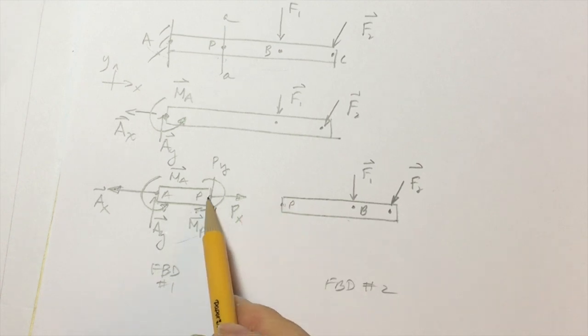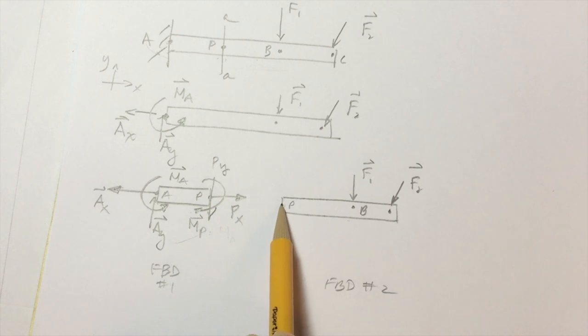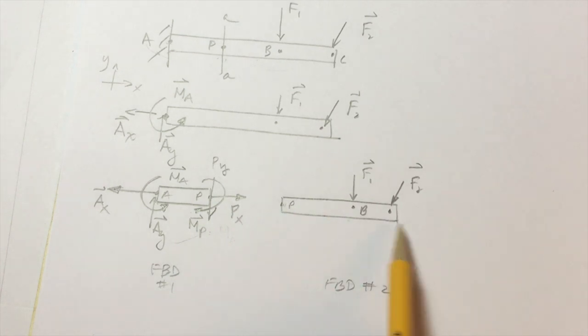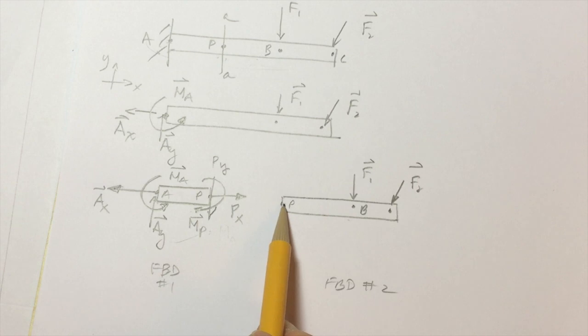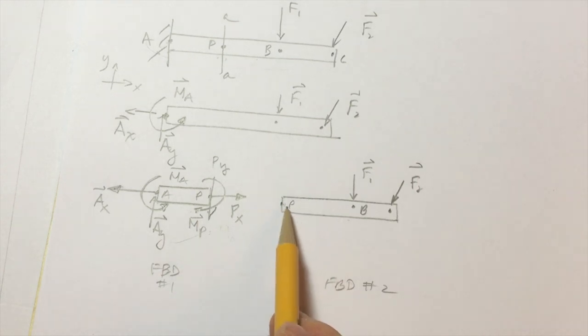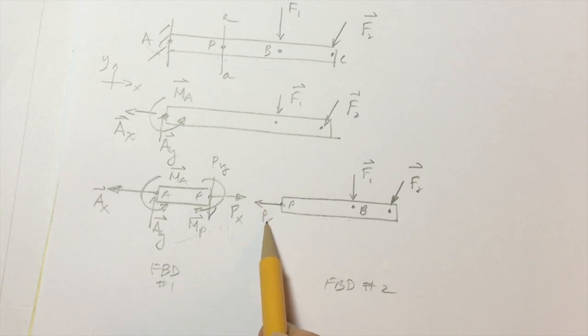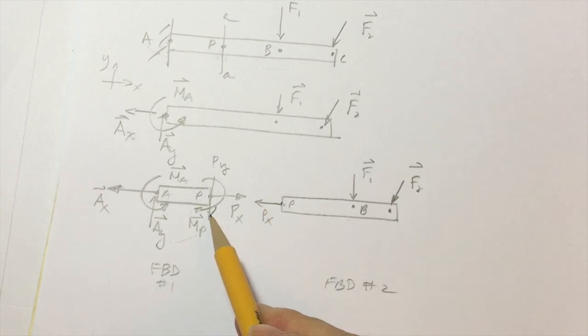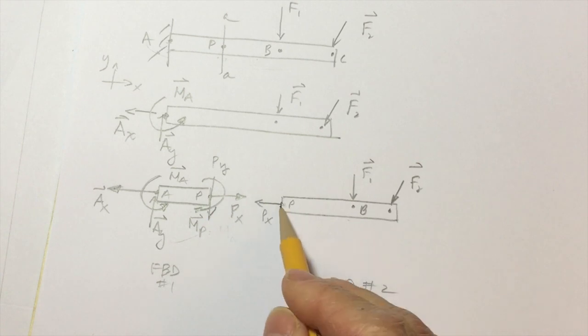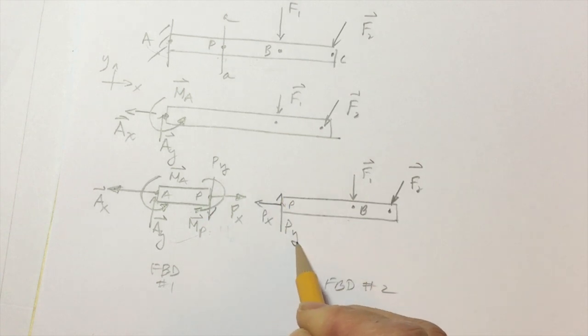MP. Well, point P on this portion of the beam is the same as this point P on the right portion. Therefore, I have to have the same forces on this side. So equal and opposite. Equal and opposite of PY going down would be a force going up.